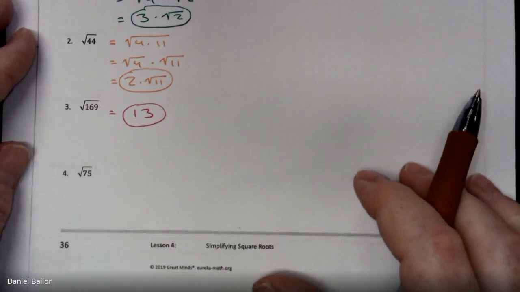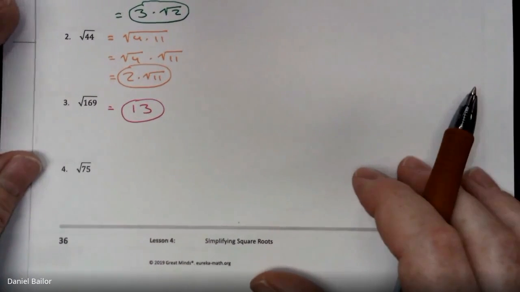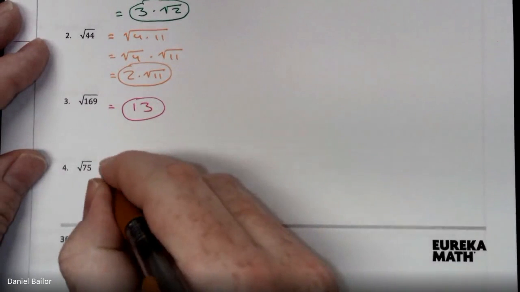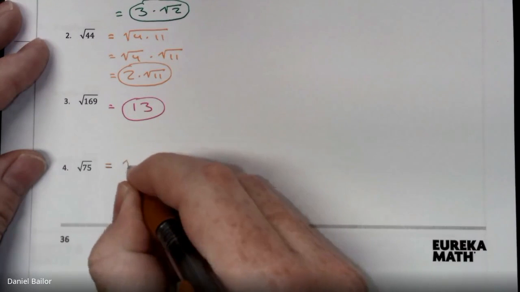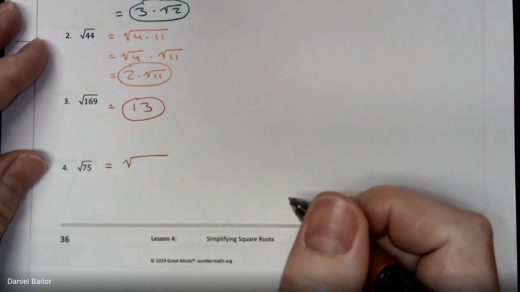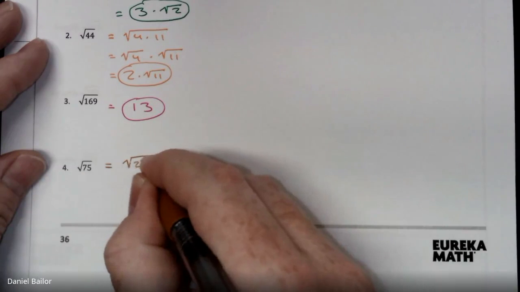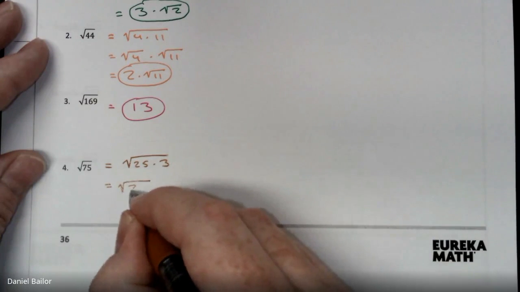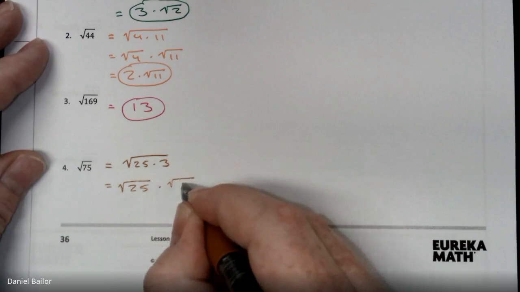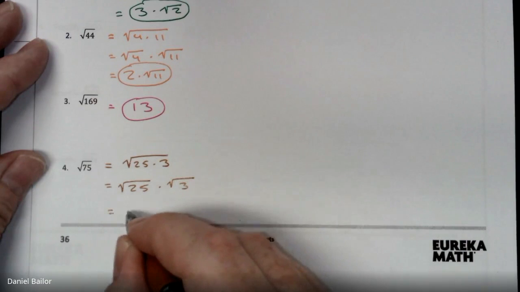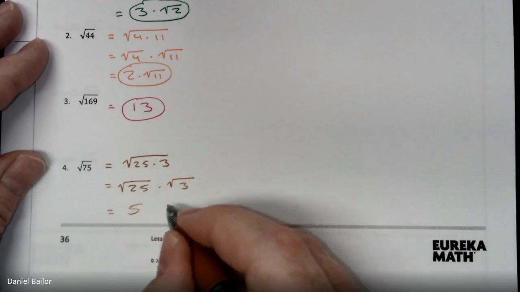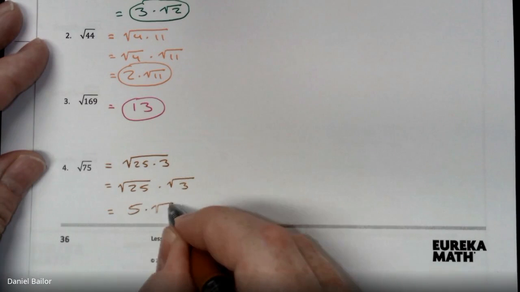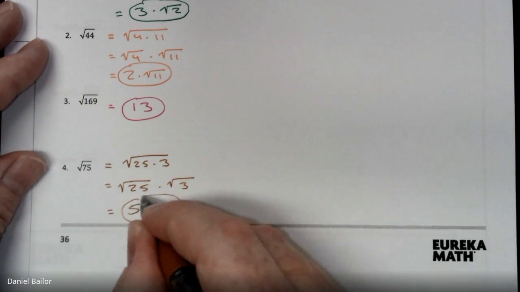Number 4, however, is not going to be a whole number. But when I see 75 and I think of perfect square factors, I think 25 times 3, because I know 25 is a perfect square. In fact, the square root of 25 is 5, so I get 5 times the square root of 3.